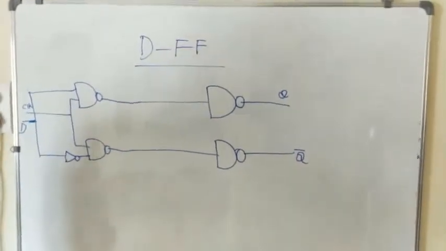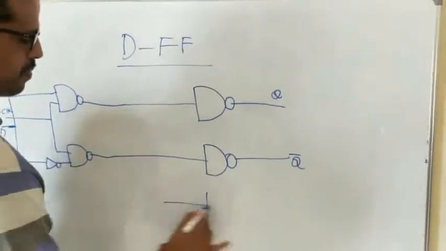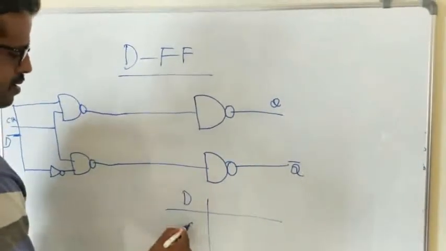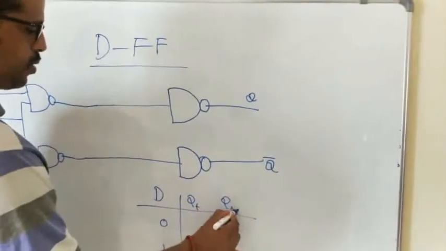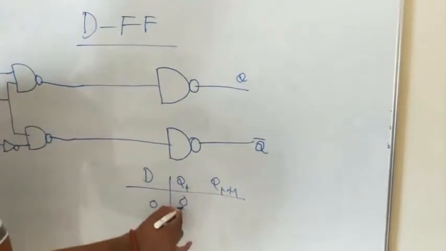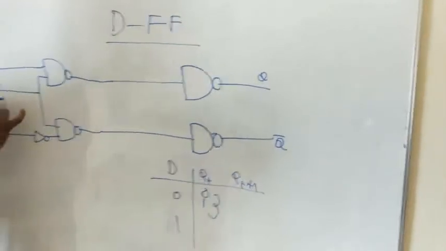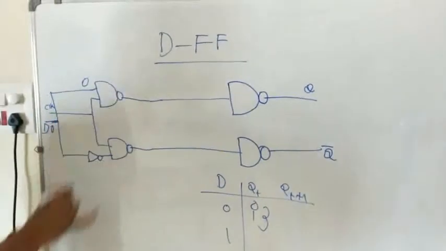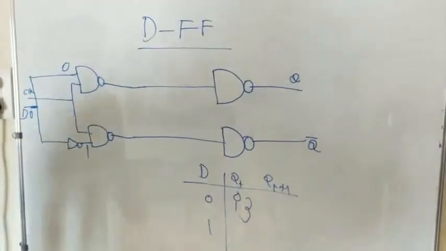Now we'll see the behavior of a D flip-flop. Q(t) is the present state, Q(t+1) is the next state. If D is given as 0, then 0 will come here as well as here, and the value would be 1.